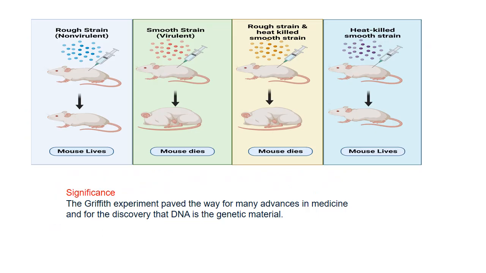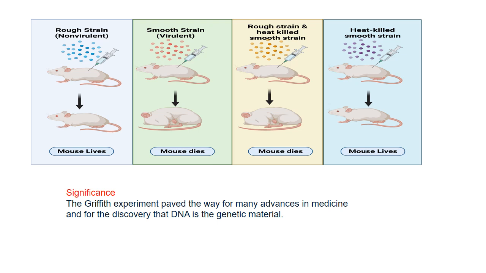So now we can see the experiment that was done by Griffith. In the first diagram, we can see the rough strain or non-virulent strain is given to the mice. The result is the mouse lives. In the second diagram, the smooth strain, that is the virulent strain, is given to the mouse.